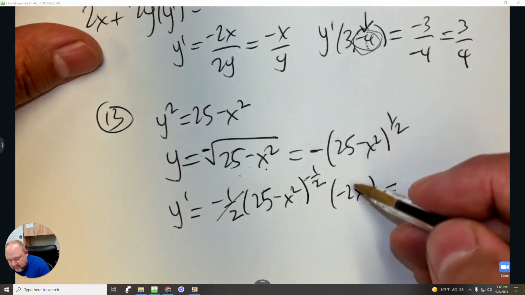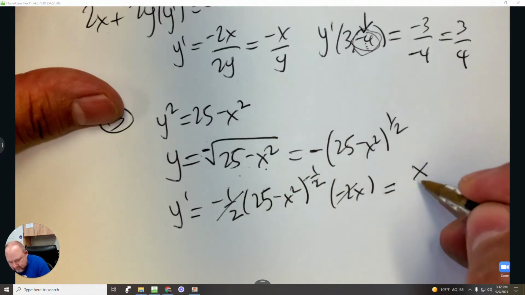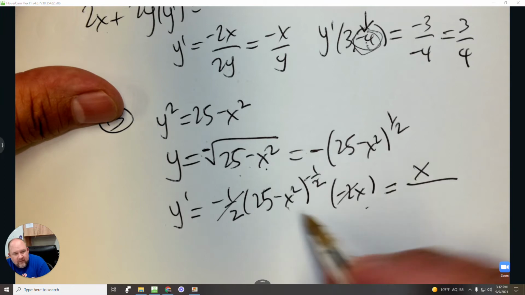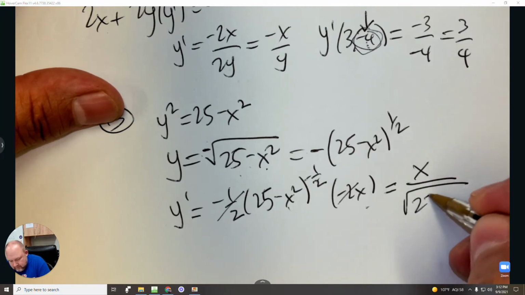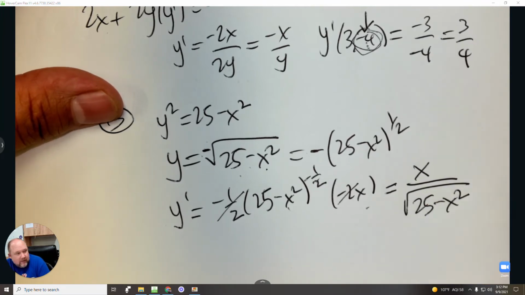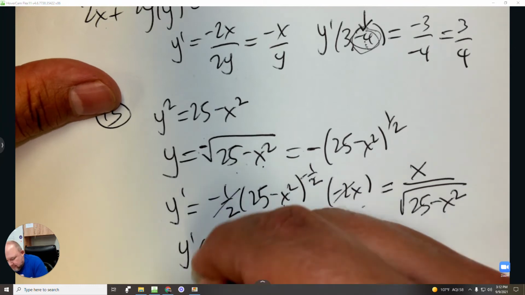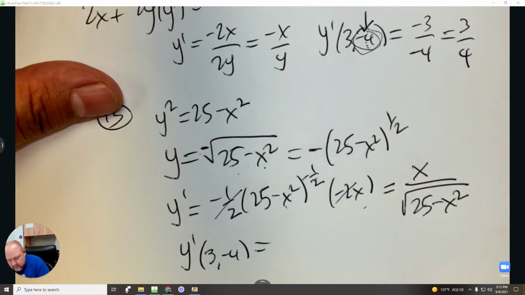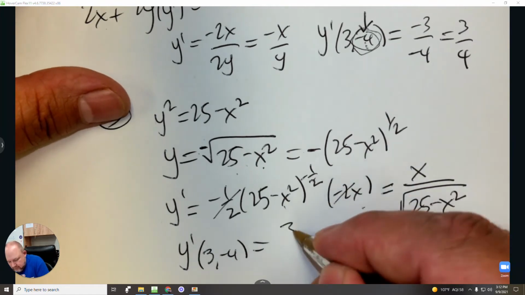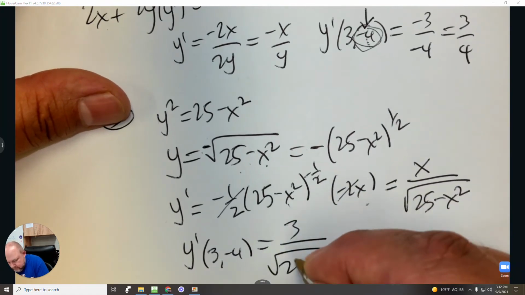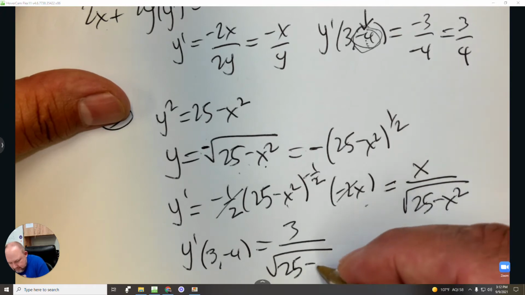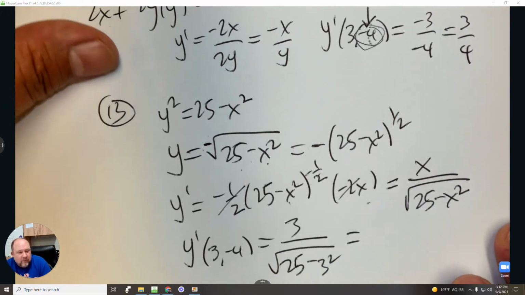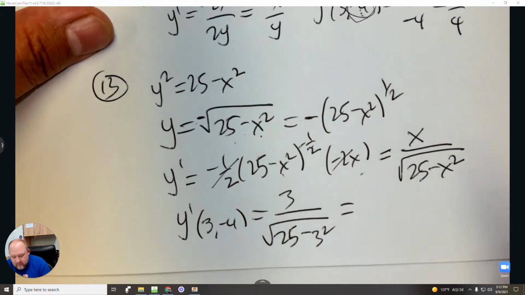A negative times a negative just gives me x, and then in the denominator is the square root of 25 minus x squared. At this point, I can plug in the point 3, negative 4. So that would be 3 and 3. I don't need the negative 4, just the x value.